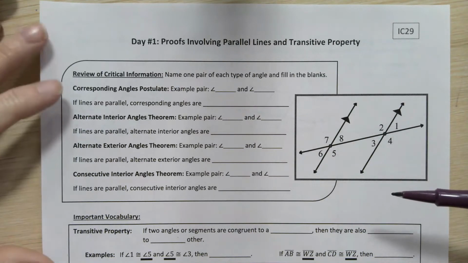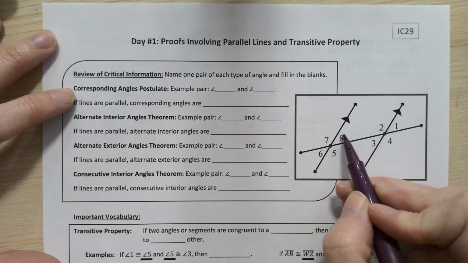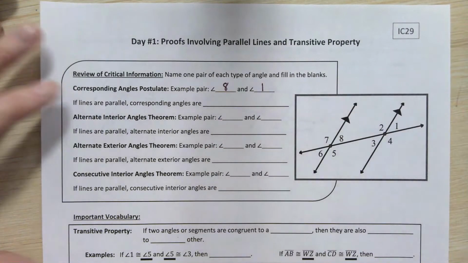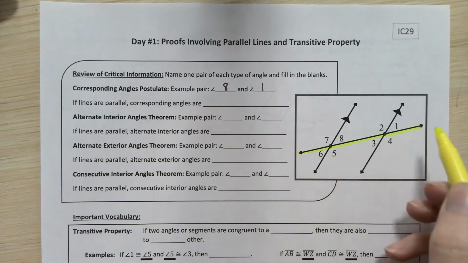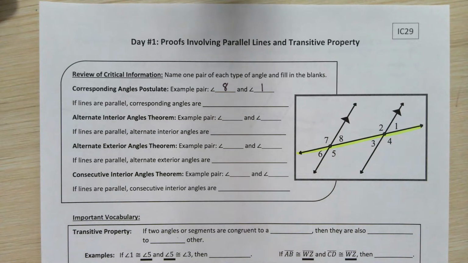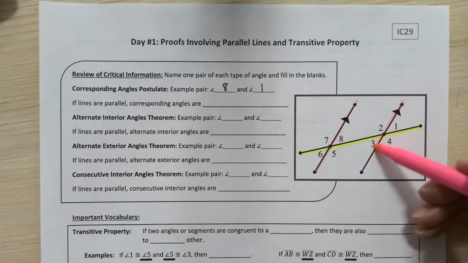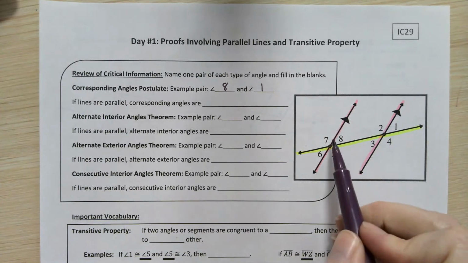So the first fact that we're going to review is the corresponding angles postulate. This is now going to become a reason in our proof sometimes if we're dealing with a pair of corresponding angles like angle 8 and angle 1, for example. Those are corresponding angles because they are on the same side of this transversal, and then one of them is an interior angle, angle 8, while the other is an exterior angle, angle 1, and they're also in that same corresponding location.